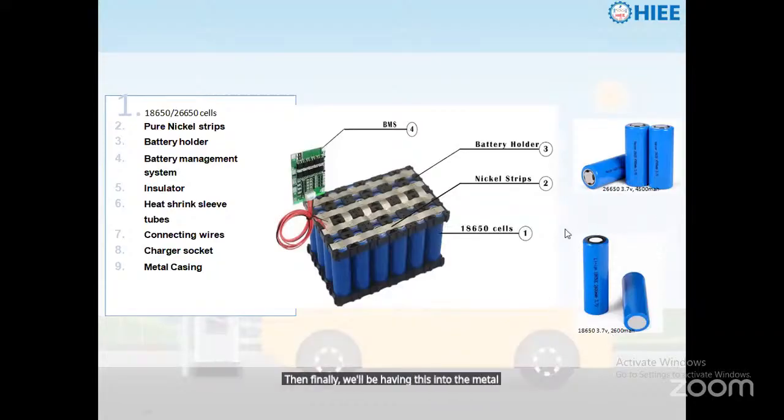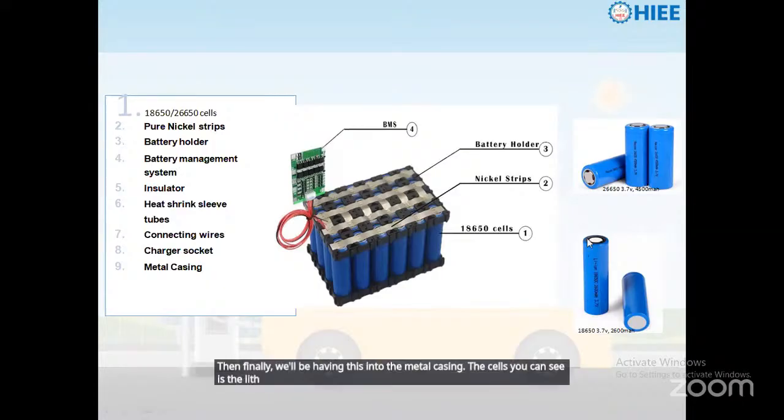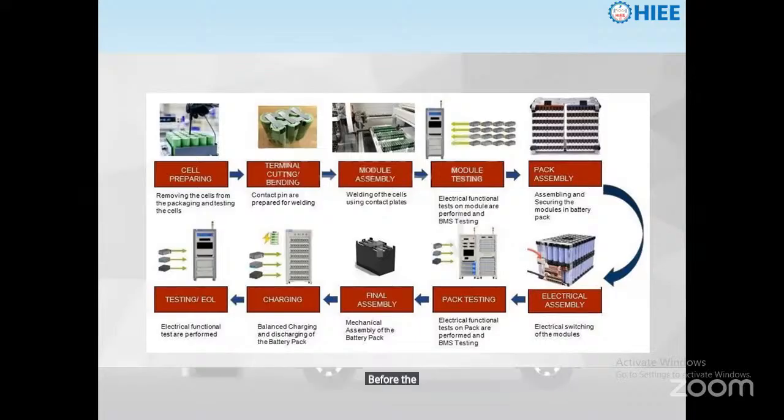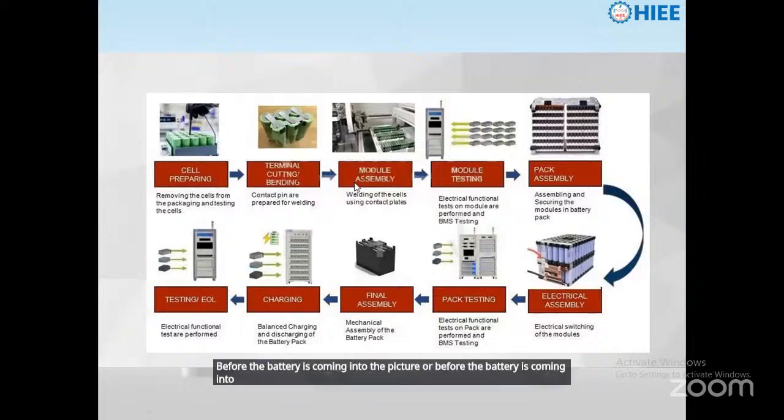The cells you can see are lithium ion cells. This is how lithium ion cells look like. Whenever we come to the manufacturing of batteries, people simply say that batteries are blasting. Before batteries come into the market, these are the steps involved in making them: cell preparation, terminal cutting, module assembly, and module testing.